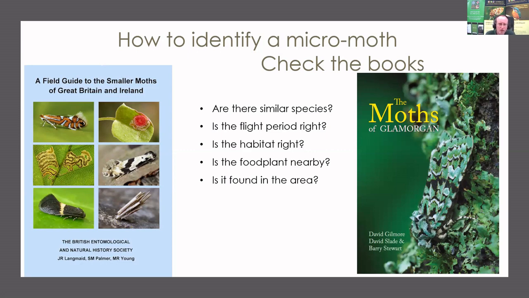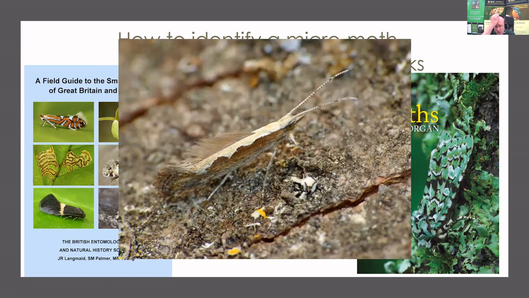And I mentioned that micros don't tend to move so far as macros, but of course there are migrants, and something like the diamondback moth here could turn up absolutely anywhere. It is a tiny moth, with a wingspan of not more than a couple of centimeters, about 1.5 centimeters maybe, and they fly across from North Africa without any problem whatsoever.